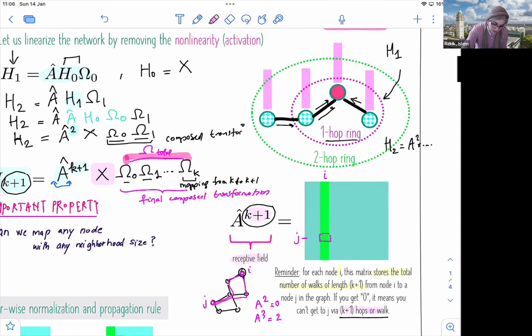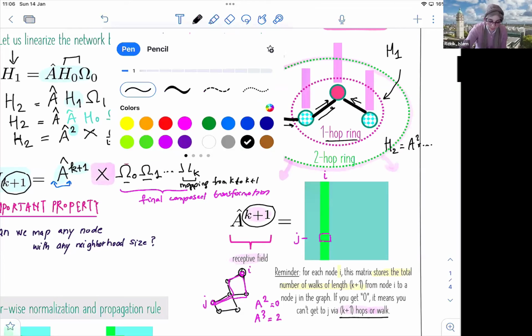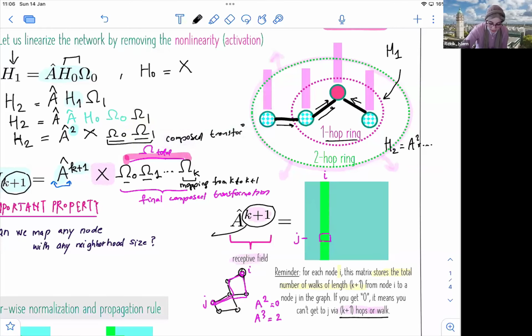So the receptive field of my graph neural network is the maximum information I'm getting by traversing the graph from a particular node. Basically, that's the final layer and the final k-hop ring. Here is the k+1 hop ring. The ring of neighborhood defines the receptive field of the graph convolutional network.